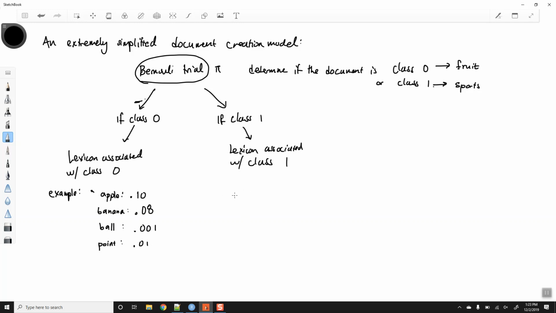Over here, if it's a document associated with sports, the probability for apple is going to be much lower, and the probability for banana is also much lower. I'm just making stuff up, where ball will be much higher, and points will also be much higher.